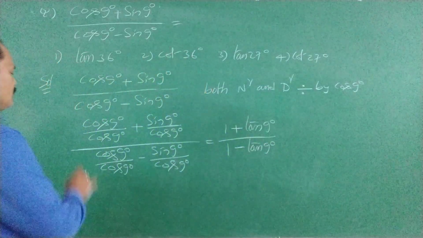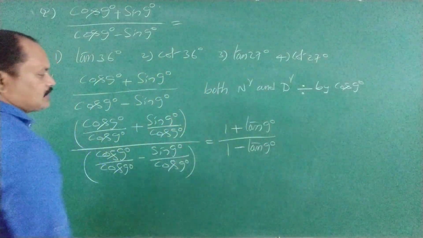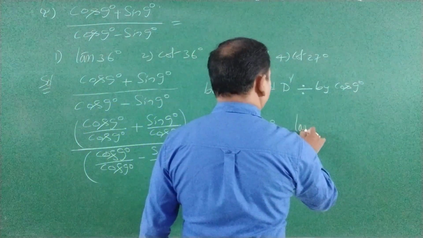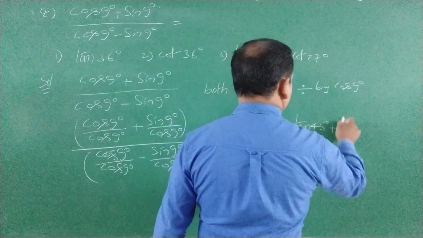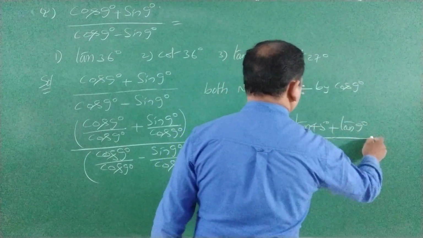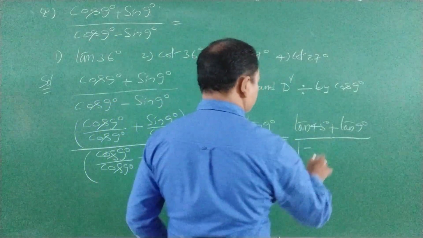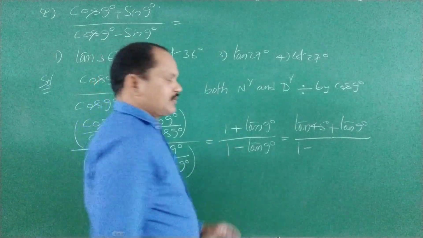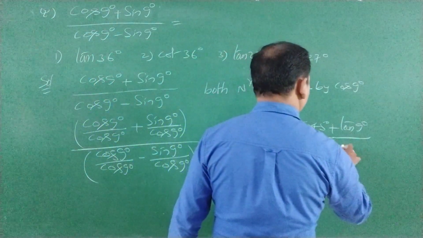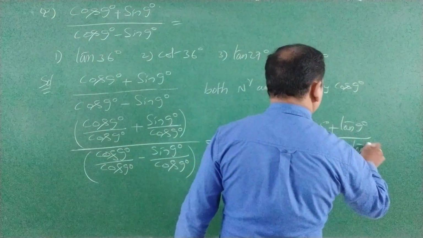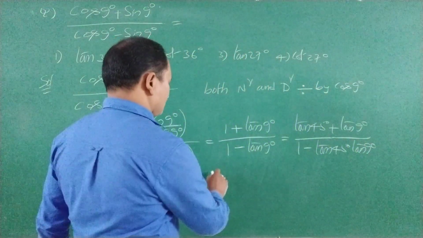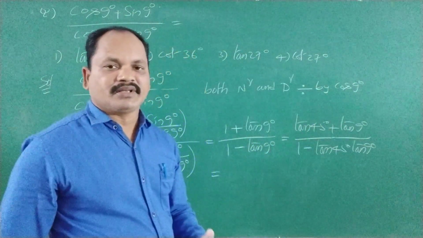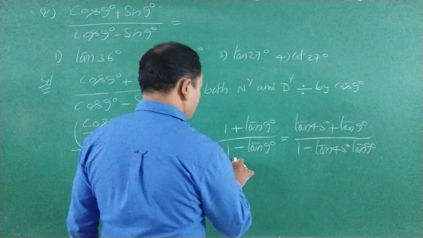Now observe here, this 1 can be written as tan 45. So (tan 45 plus tan 9) by (1 minus tan 45 into tan 9 degrees). That is in the form of (tan A plus tan B) by (1 minus tan A tan B), that is tan (A plus B).